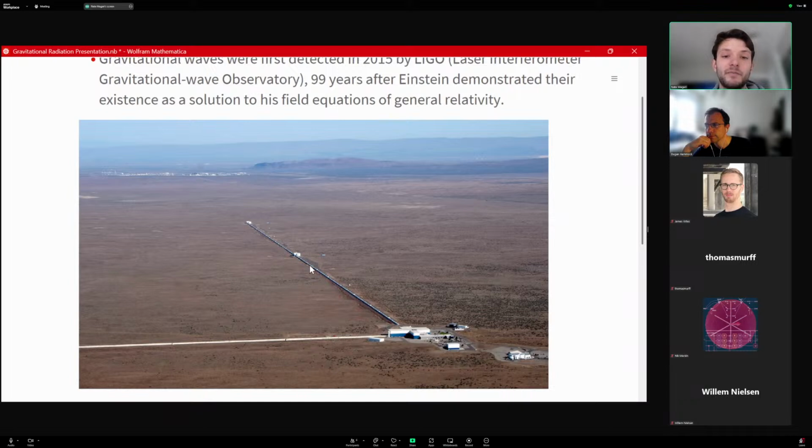If there's any difference in the path length between these two arms, then the beams of light will be slightly out of phase. So the crests of the waves will not line up, and so they'll interfere with each other.